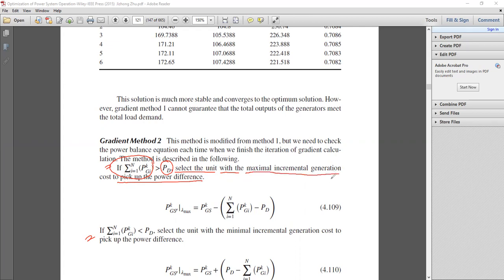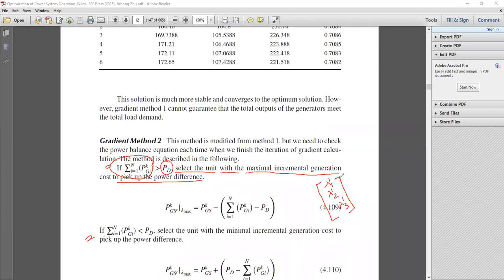Means, if you remember, in method number 1, you were calculating in each iteration, let's say lambda 1 1, lambda 2 1, and lambda 3 1, right? And then you are making it the averaging of that. So among these three different incremental cost or lambda values, there should be of course some differences among them.